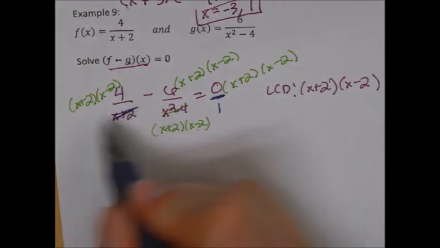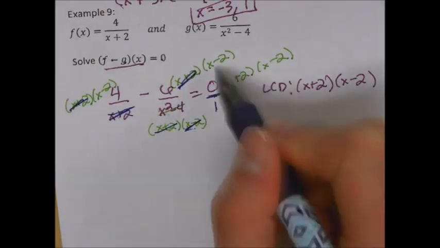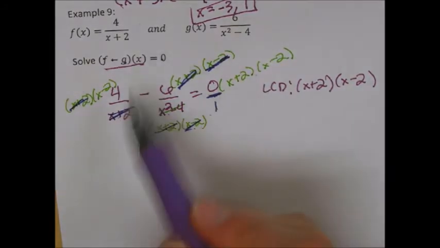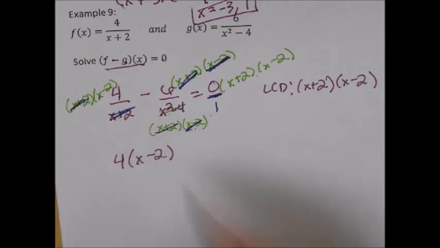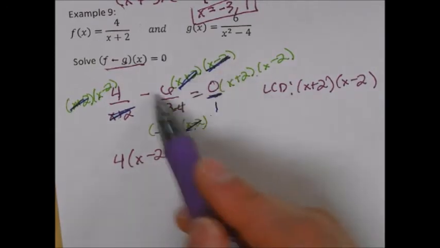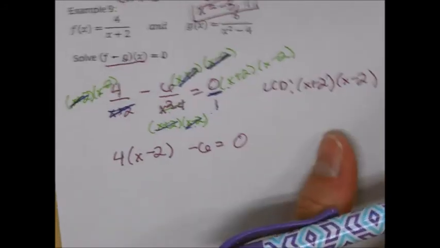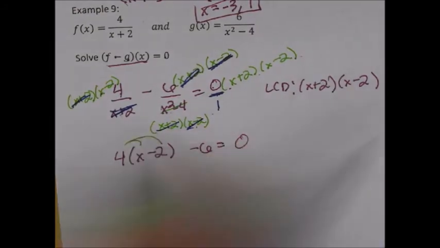These x plus 2's cross out. This x plus 2, that x plus 2, that x minus 2, that x minus 2, and nothing crosses out there. So here I have 4 times x minus 2. I have nothing left here, so it's minus 6 equals 0 times anything is going to give me 0. Let's distribute.